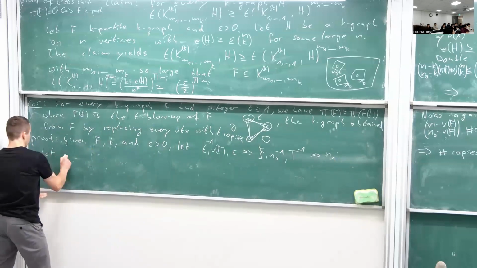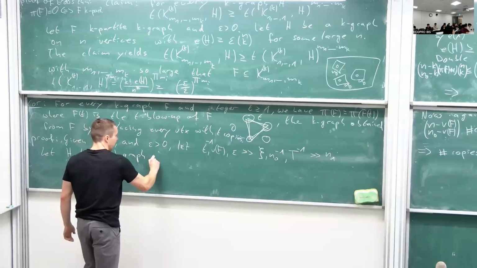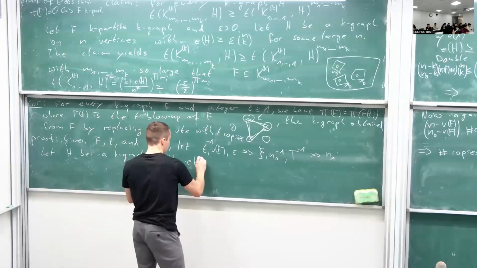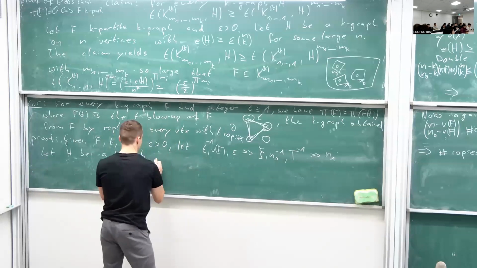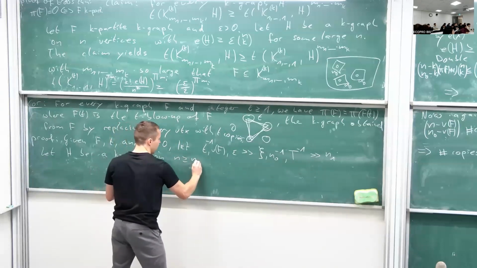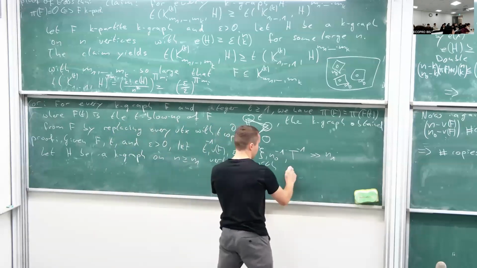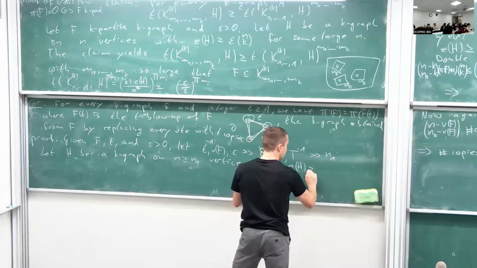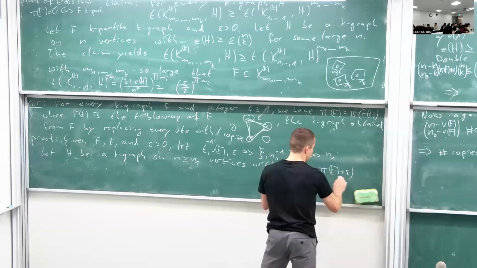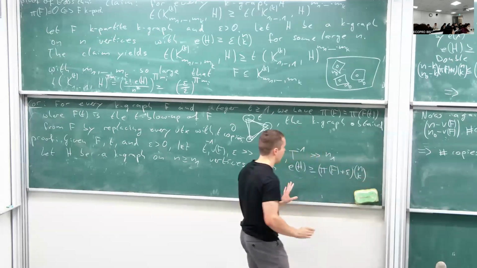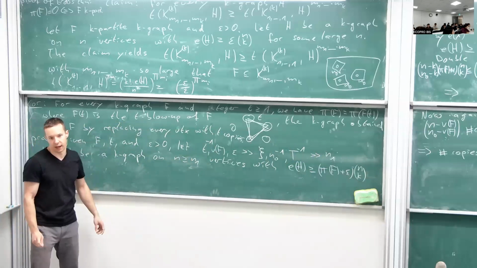So let H be a k-graph on n greater or equal to n1 vertices with the number of edges of H greater or equal to (pi(F) plus epsilon) times n choose k. And we want to find a copy of our T blow-up of F in H.